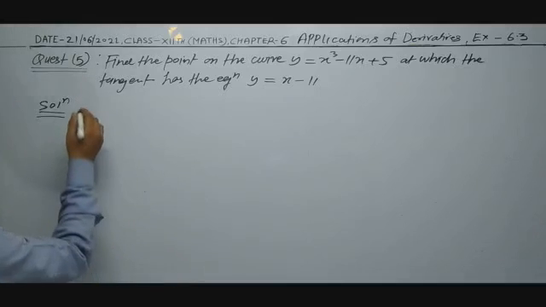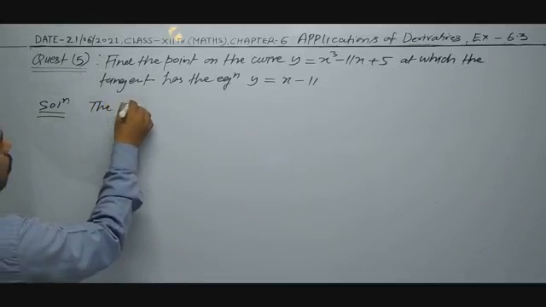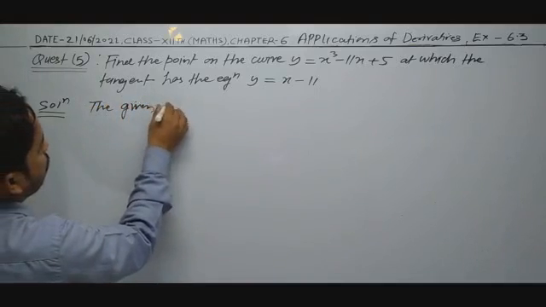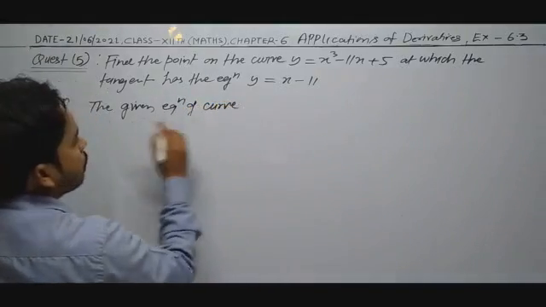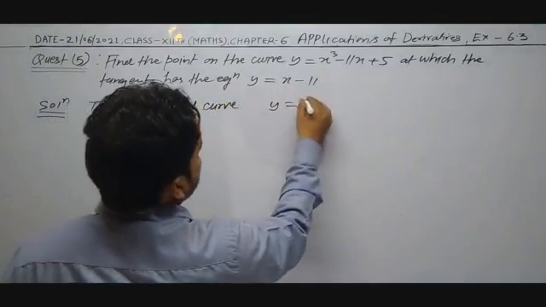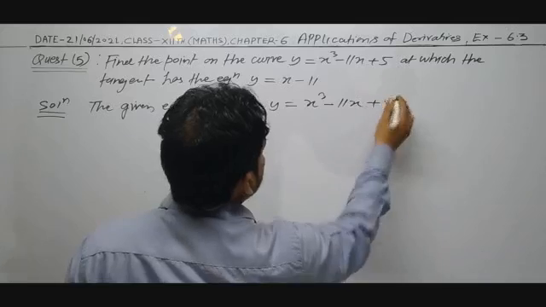So first of all you have to write the given equation of the curve, that is y is equal to x cube minus 11x plus 5.